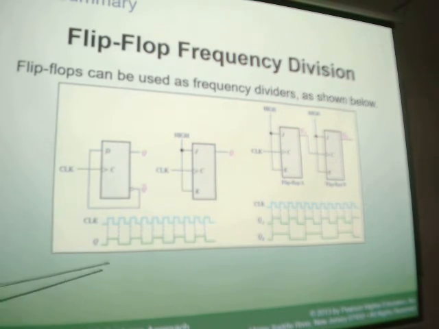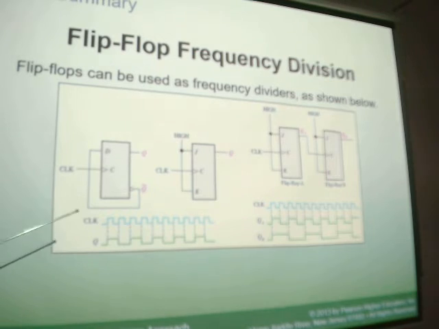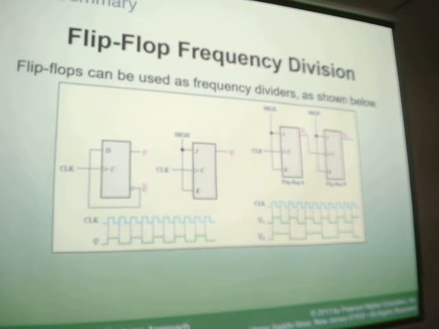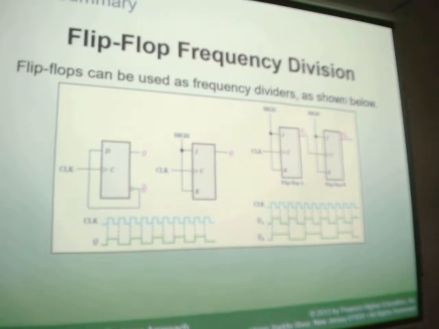What is the relationship? Do you know the definition of frequency? Period and frequency. Do you know the definition? 1 over T, yes. The periodic time is equal to 1 over frequency.